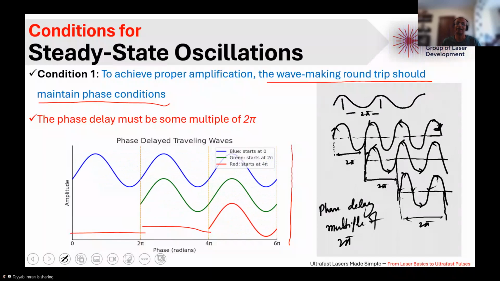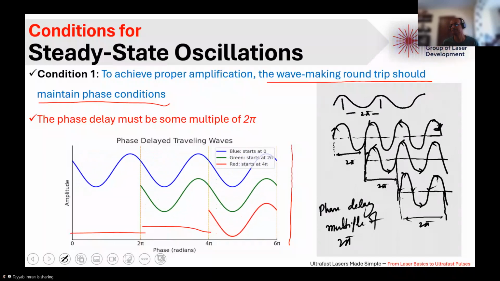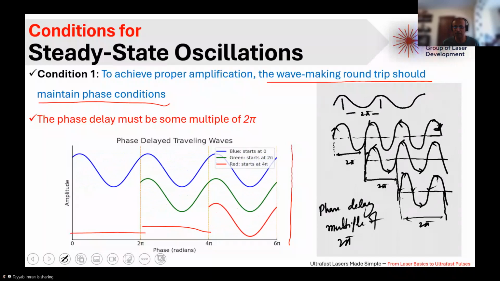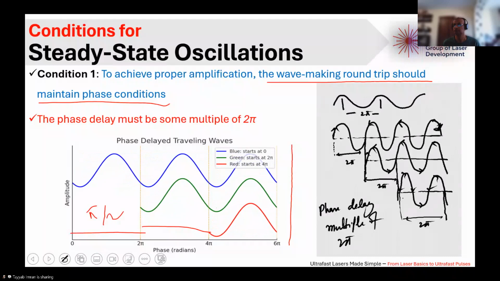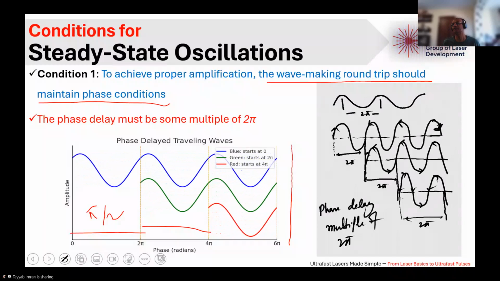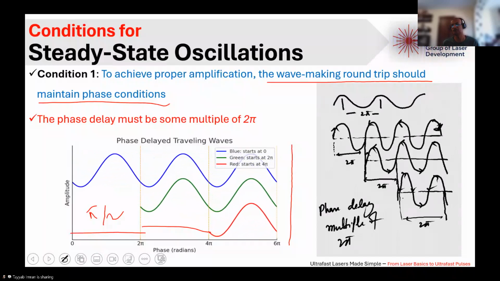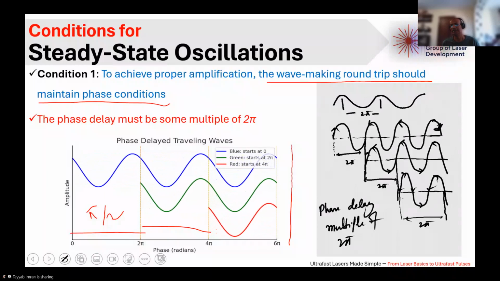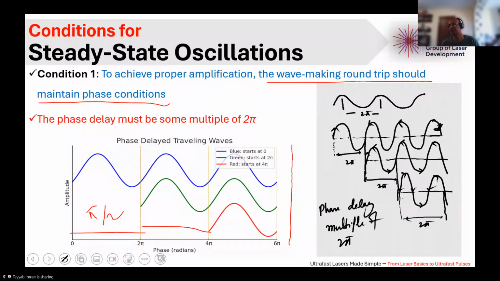But if the phase difference is less than 2 pi, let's suppose pi by 2 or something like this, then any wave which has a phase difference that is not a multiple of 2 pi will be cancelled out because of destructive interference.